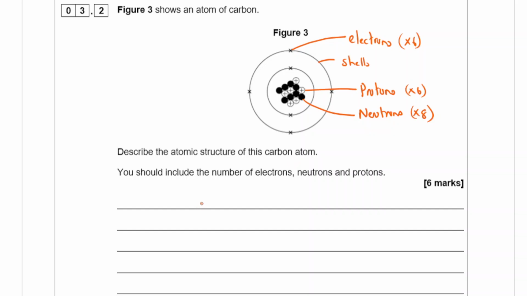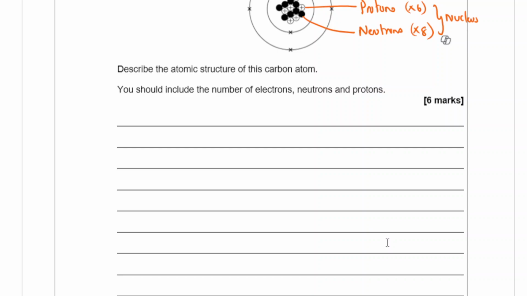So, question, describe the atomic structure of this carbon atom. You should include the number of electrons, neutrons, and protons. So by doing this, I've already probably got about 3 marks already. Protons and neutrons make up the nucleus. So that's more or less what we need to write.